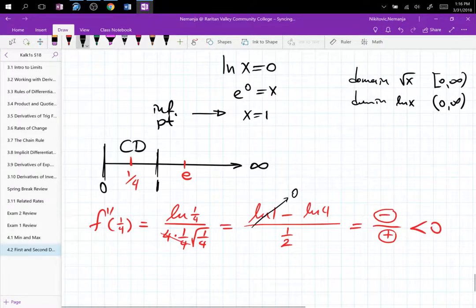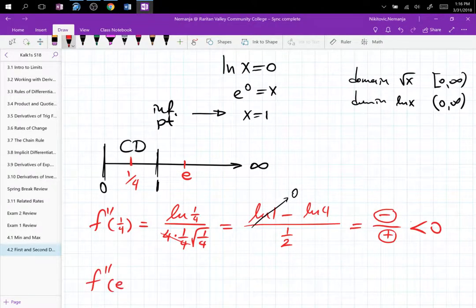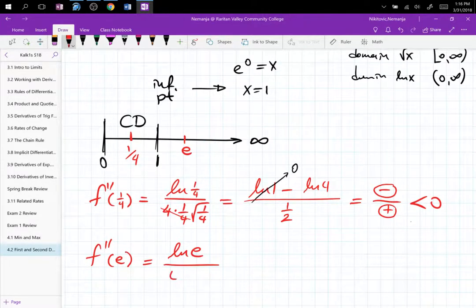And now let's plug in e. So second derivative computed at e is ln e divided by 4e square root of e. Well, ln of e is 1 divided by 4e to the 3/2.